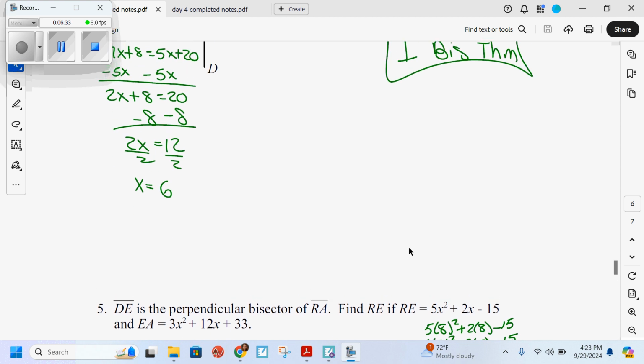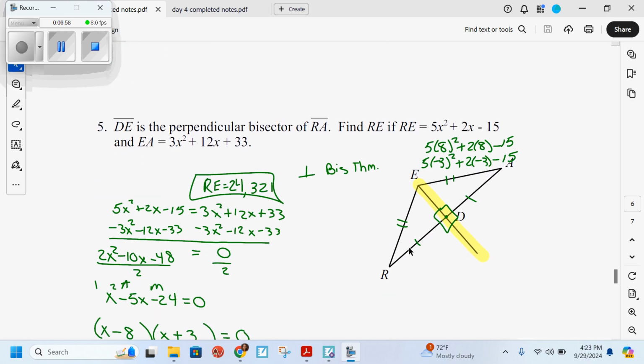All right, 5. DE is the perpendicular bisector of segment RA. Find RE if RE is 5x squared plus 2x minus 15, and EA is 3x squared plus 12x plus 33. So go ahead and work on it. And when you're ready, I'll show you my work.